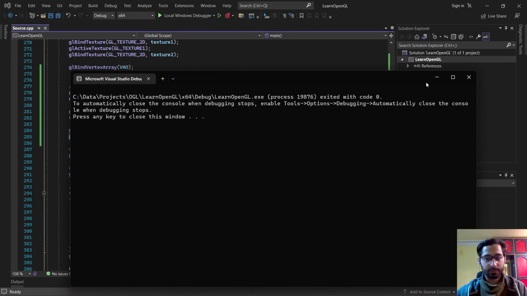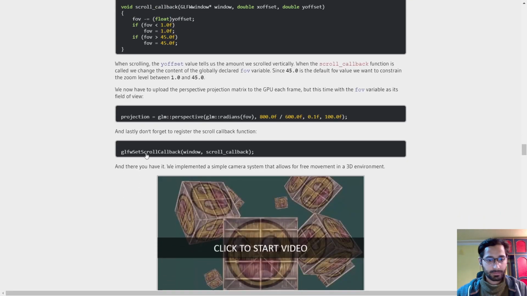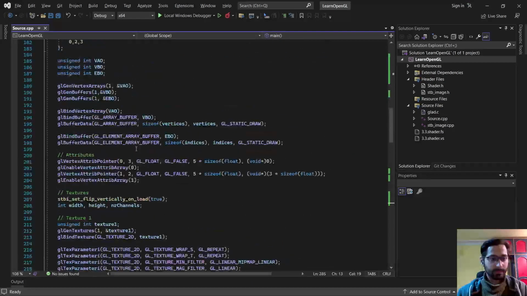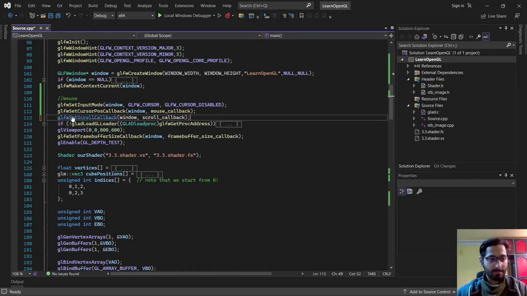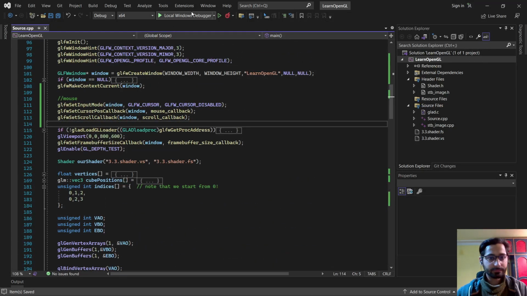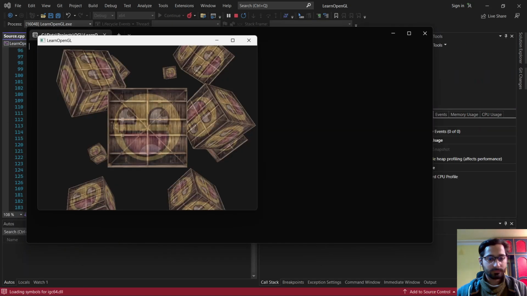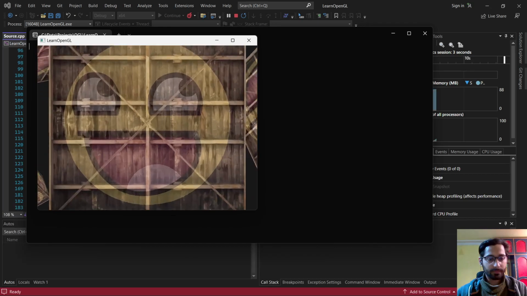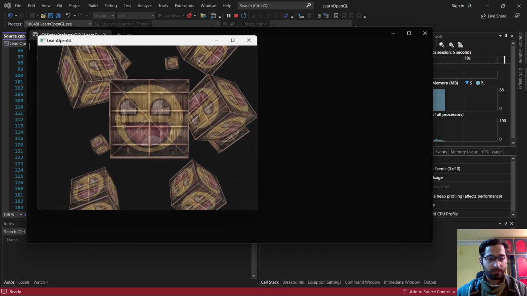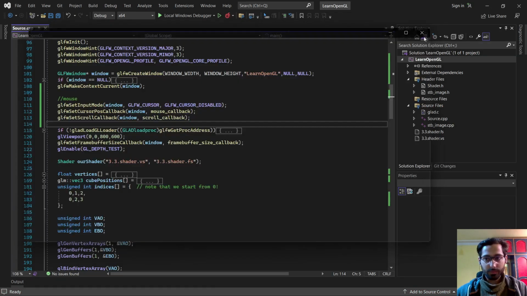Still on. Okay, I need to register the scroll. Yep, glfwSetScrollCallback, and then we just give it the function. There we go. Okay, so this changes the FOV. I think we can go up to 90.